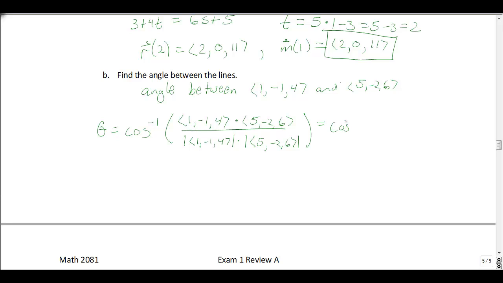In our case, 1 times 5 is 5, negative 1 times negative 2 is 2, so 5 plus 2, and 4 times 6 is 24.